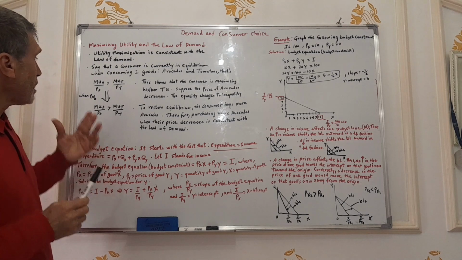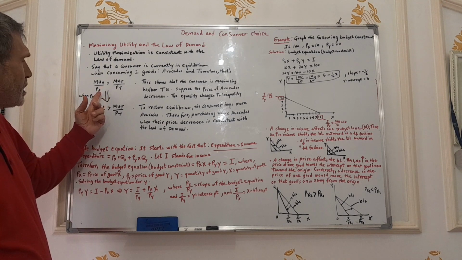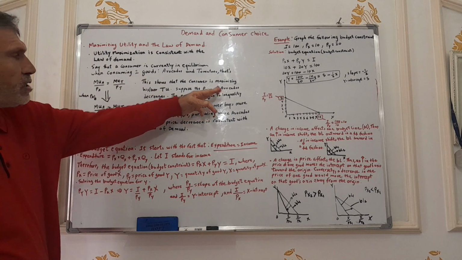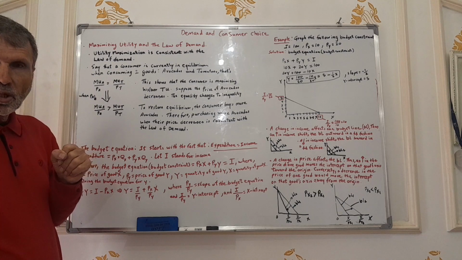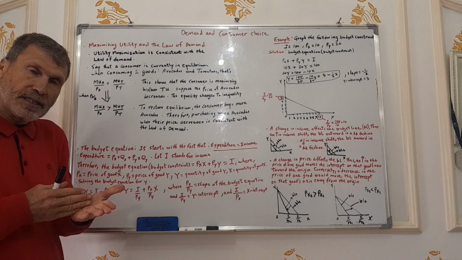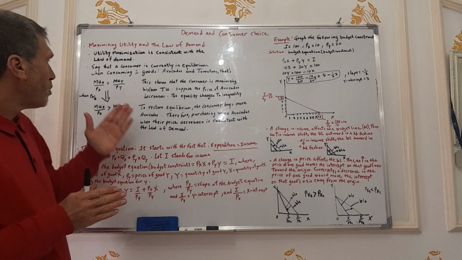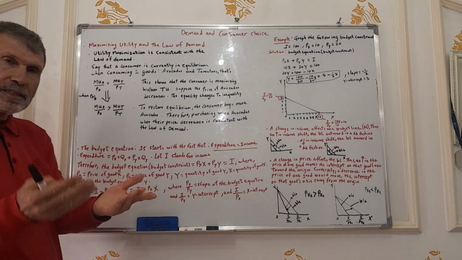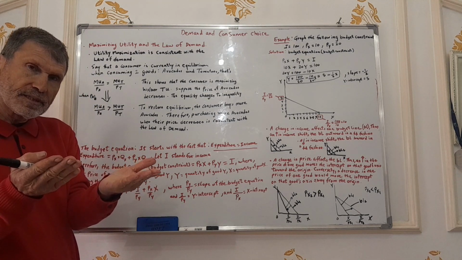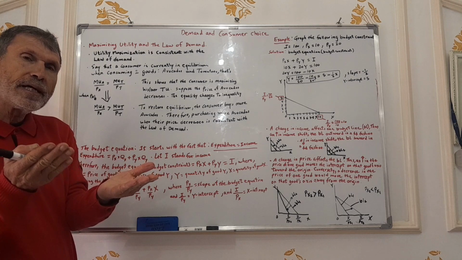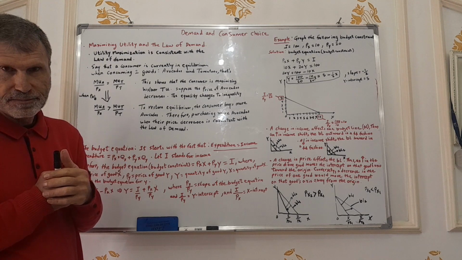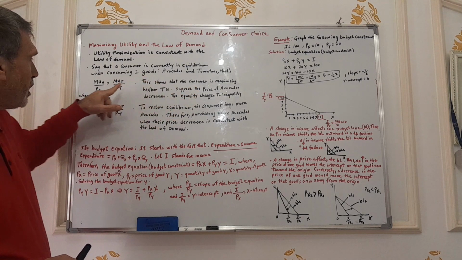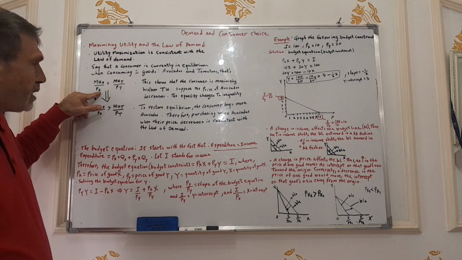Now, suddenly, let's say something happens and the price of avocado decreases. Suppose the price of avocado decreases. Remember that when the price of avocado, one of the goods, decreases, the equality that we have will change to an inequality, because the price of avocado decreases.